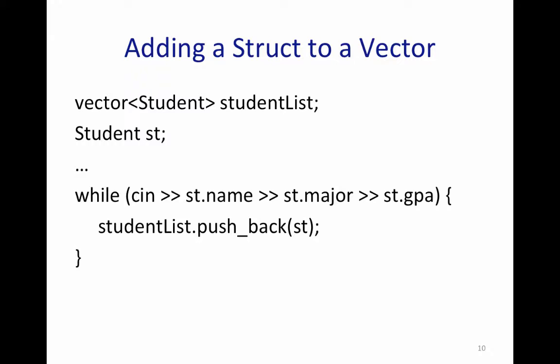By itself, a struct isn't particularly helpful if I just need to process one driver's license at a time, and I don't need to store that information in memory afterwards.